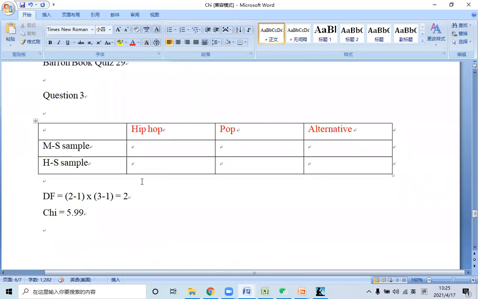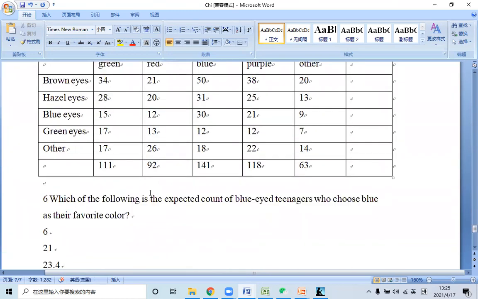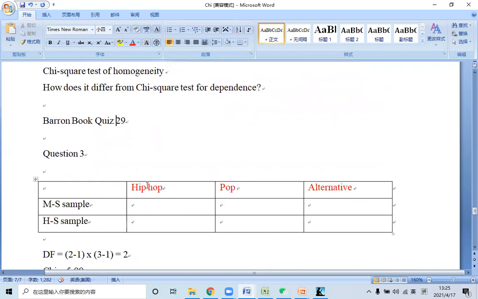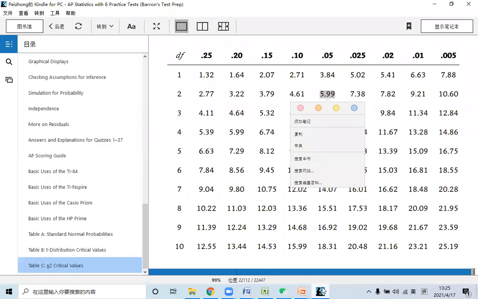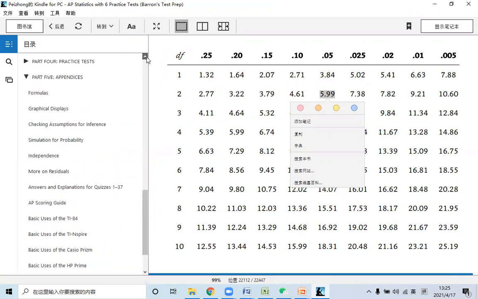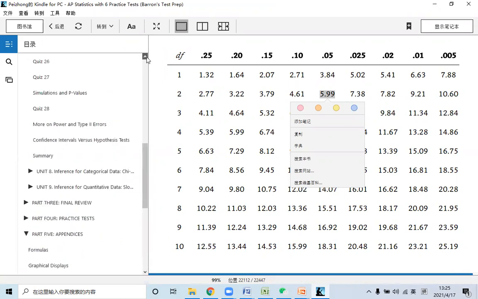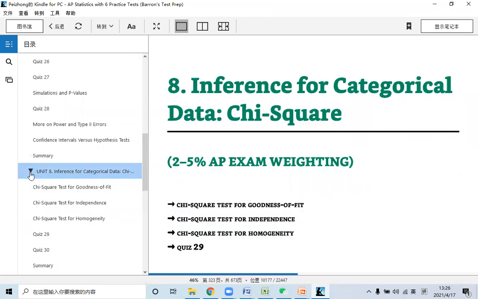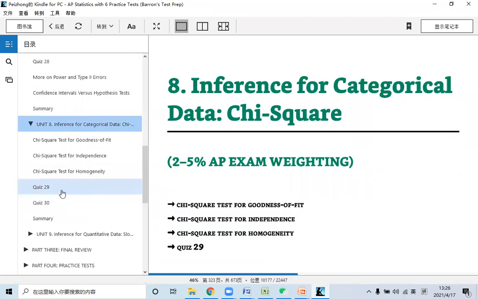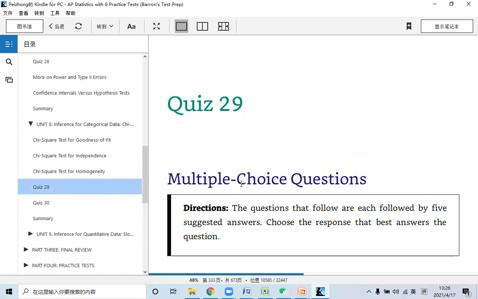Let's do a quiz. Let's see if we can do quiz 29.